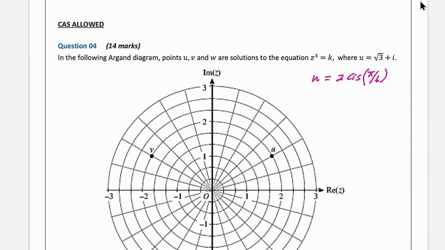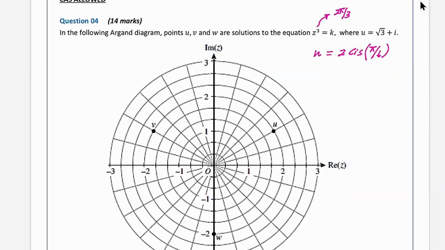Okay, let's see. If you have z cubed, I told you there are 3 solutions, but what about the separation between the solutions? The separation between the solutions is 2 pi divided by 3. So what would be the next one then?